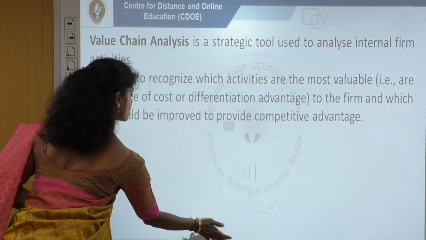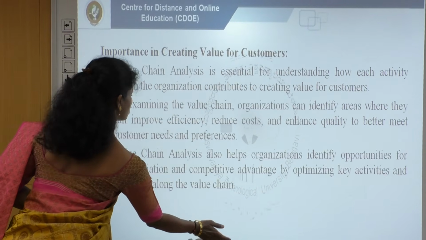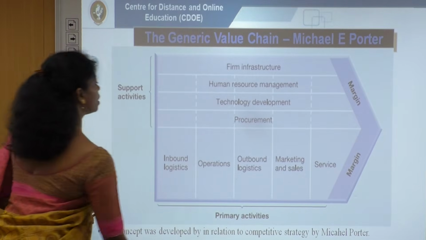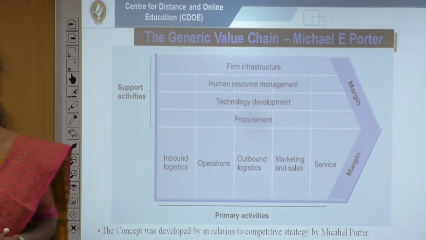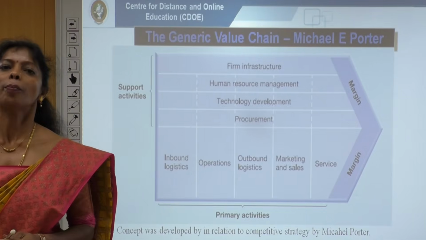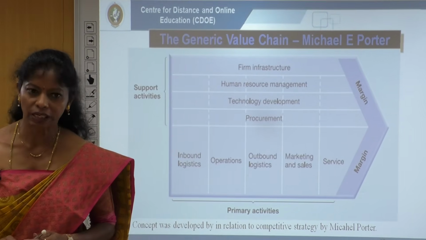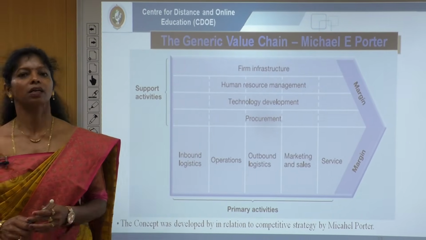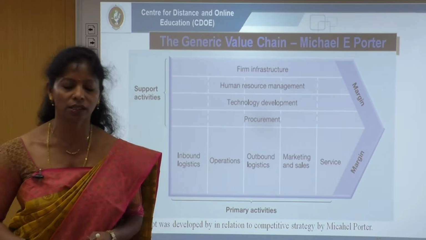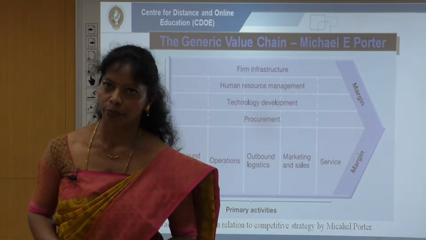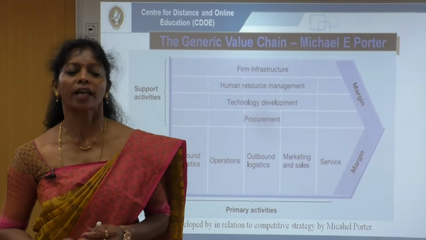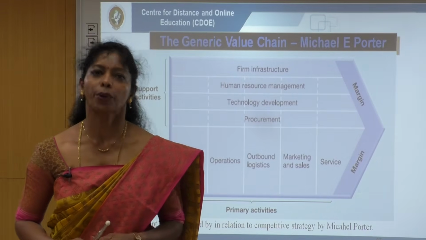I clearly discussed what primary activities are. In the diagram it is shown that primary activities are inbound logistics, operations, outbound logistics, marketing and sales, and service. Supporting activities are firm infrastructure, human resources management, technology development and procurement.